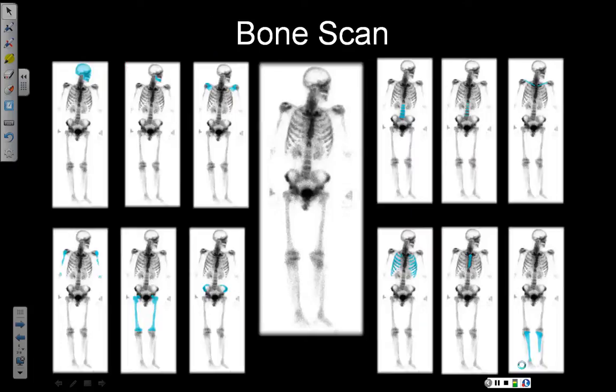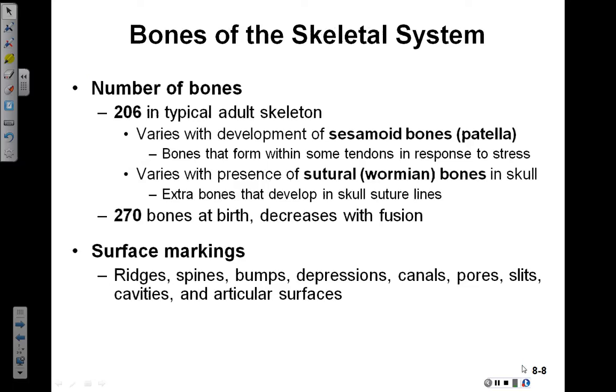Okay, on page surface markings, your table 8.2, ridges, spines, bumps, depressions, canals, pores, slits, cavities, and articular what? Surfaces. I should have put more of these bone markings on your test because they're really, really important.